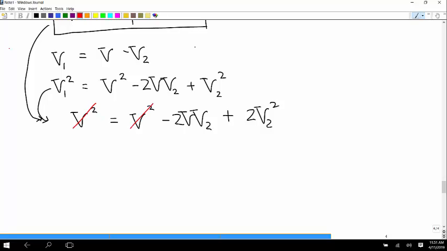These cancel. And you get that 0 is equal to v2, if you cancel those 2's out, times the quantity v minus v2.